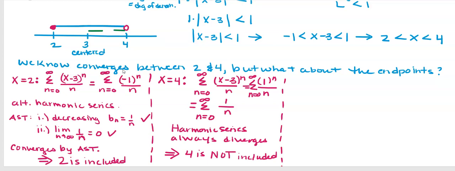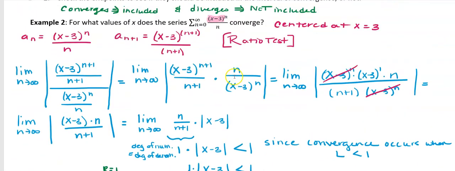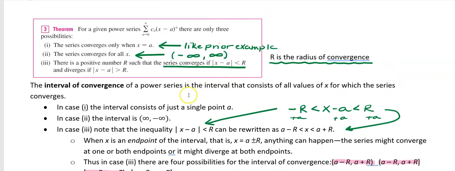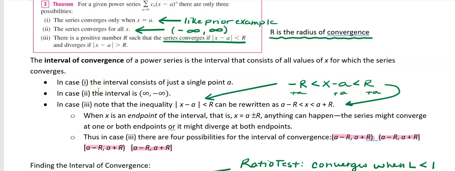So our radius is going to be 1. So we have all of the information we need in order to write all 3 pieces of information for our answer. 1 talking about the radius, 2 talking about the interval of convergence, and then 3 talking about the center.